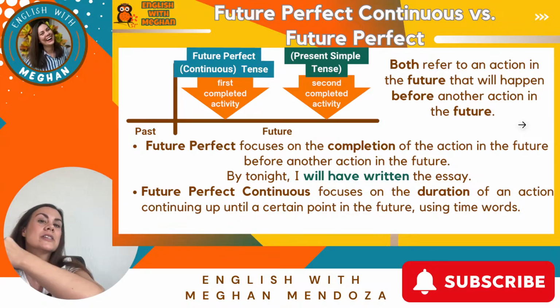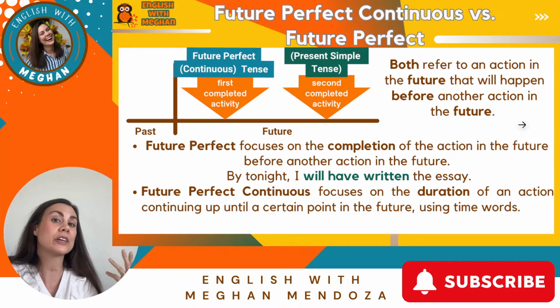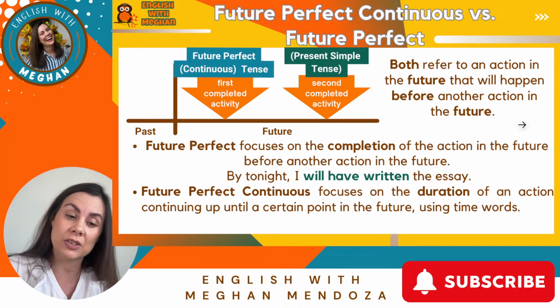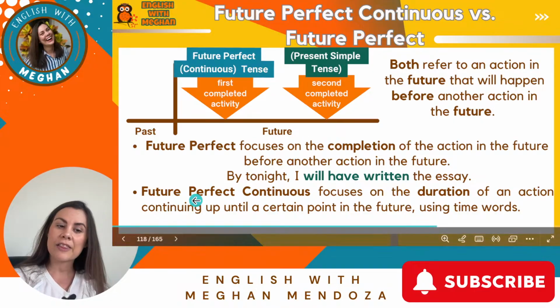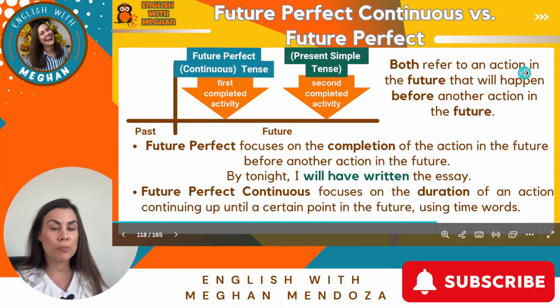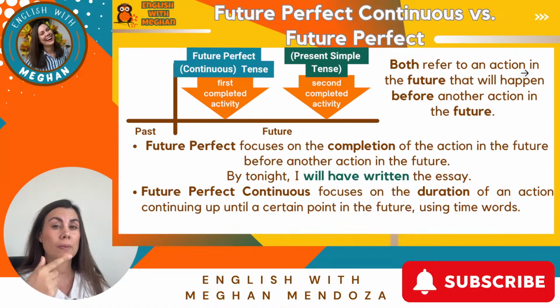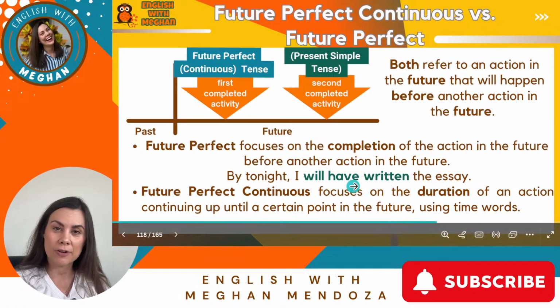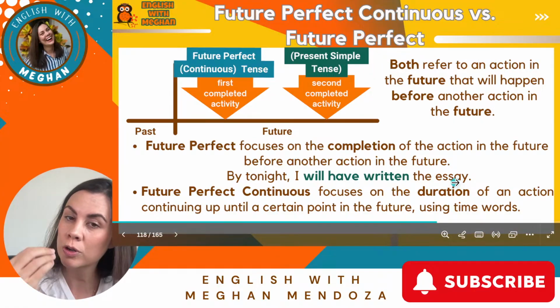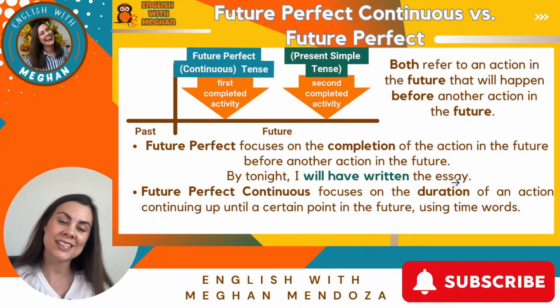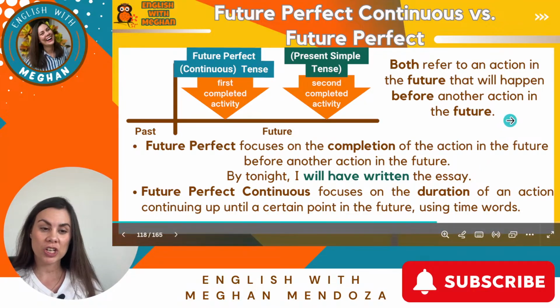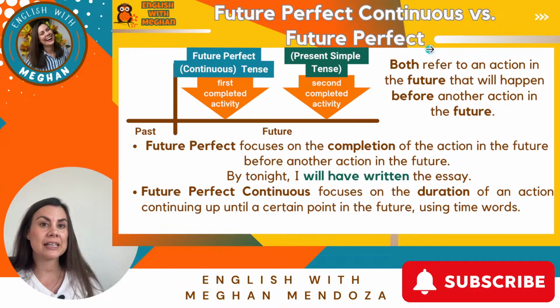Now the difference, and this is the same for all the perfect continuous tenses, is that the future perfect continuous, you might hear it said as future perfect progressive tense, focuses, be careful with the pronunciation, focuses on the duration of an action continuing up until a certain point in the future using time words.